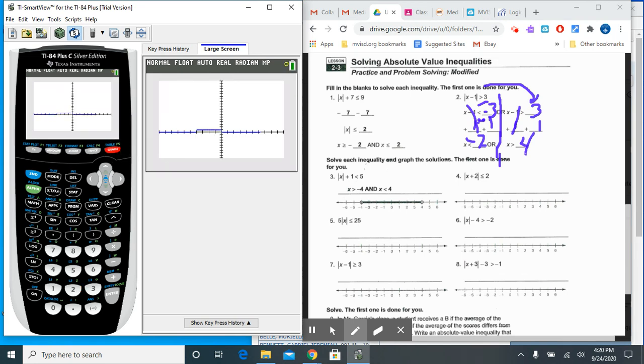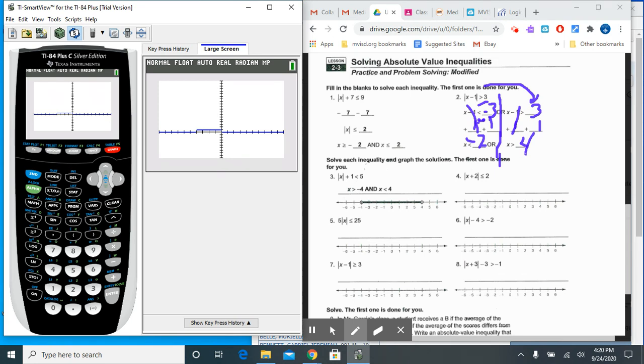And all we're looking at is the x-axis. And what we want is the raised part, not the blue line on the x-axis, but where it's raised. Wherever it's raised, those are our solutions. So it looks like it goes from negative 4 to 0.